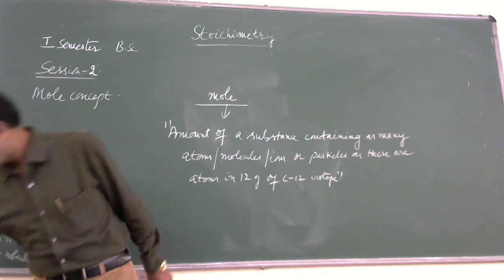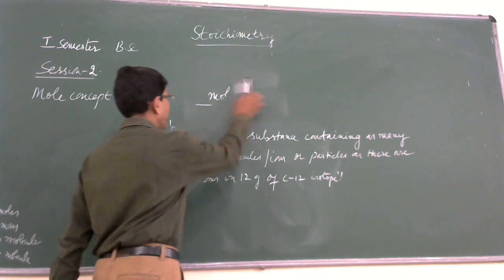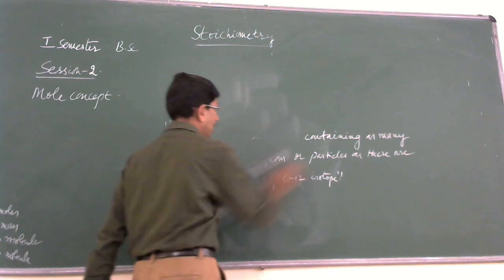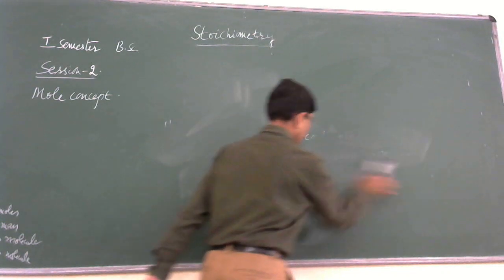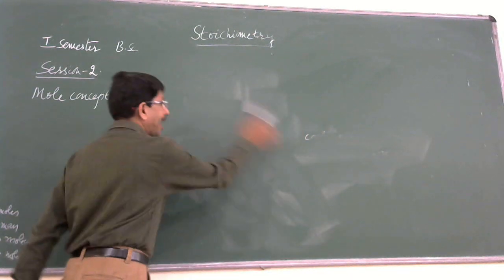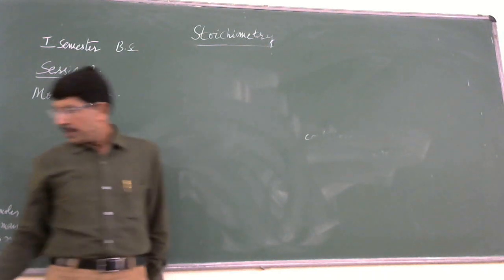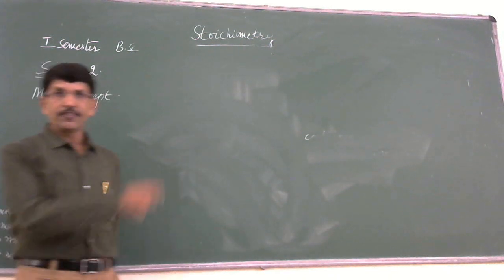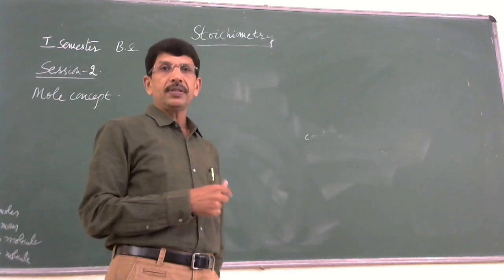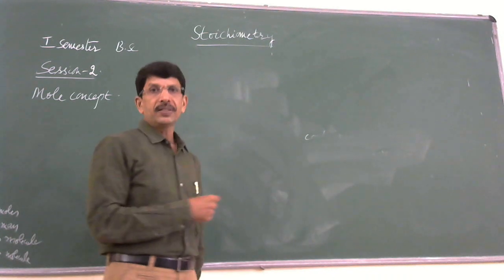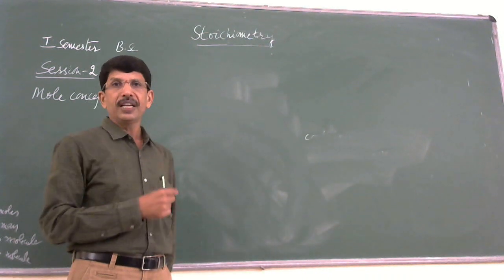Why is it taken as C12? Because that is taken as a reference by the chemists or scientists around the world, and IUPAC has accepted this. So, since the C12 isotope is taken as reference for atomic and molecular masses, the same isotope is taken as a reference for defining mole.